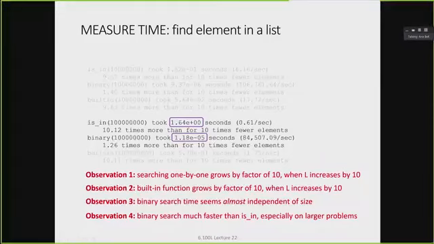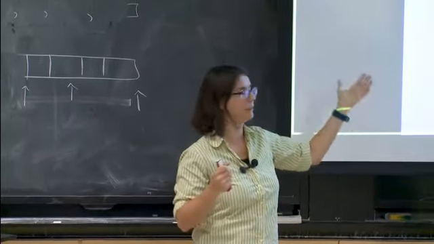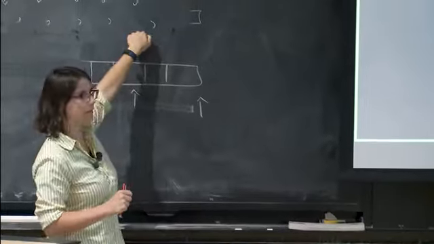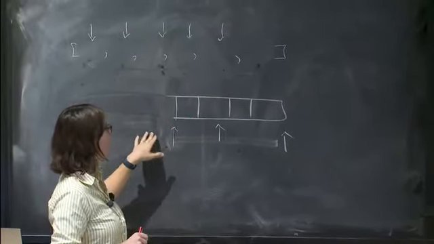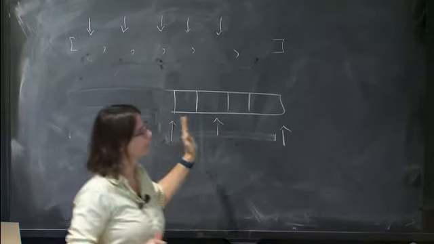But the bisection search, the binary search, took 0.00001 seconds. So it's not like we went from 1.5 seconds to 1.2 seconds or to 0.5 seconds. We were orders of magnitude faster, 10 to the negative 5. So there's a really big difference between the algorithm that brute forces its way through, and the algorithm that does something smart about removing half of the search space with each loop. All right, so that's important to know.